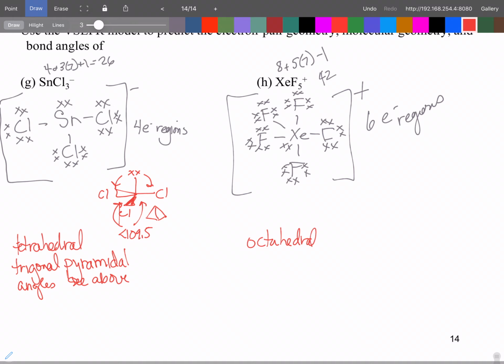And again, one of the lone pairs is going to go at, it doesn't matter what the first position is, it's easier if you write it as if it's actually equatorial. So then it's square pyramidal. It's a pyramid with a square base.